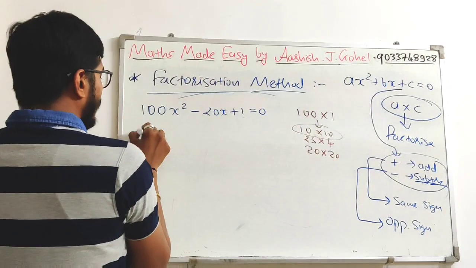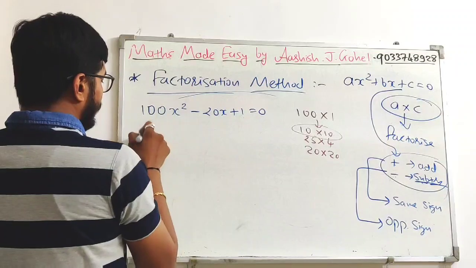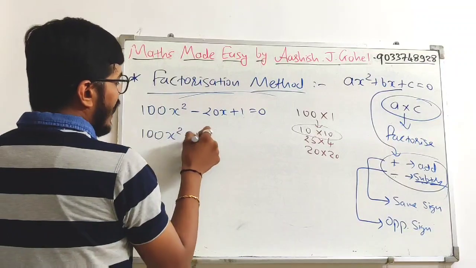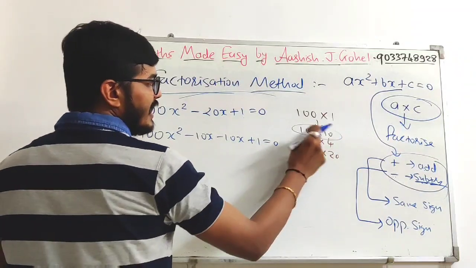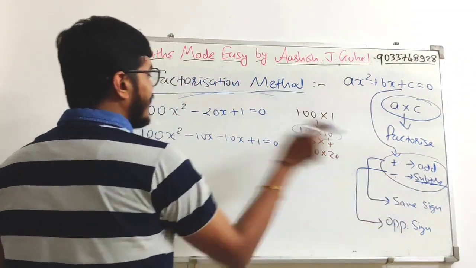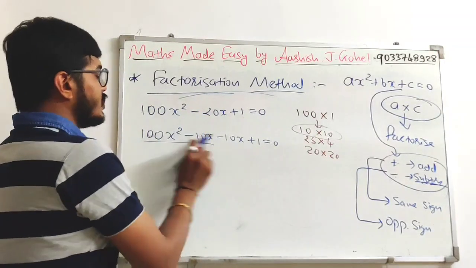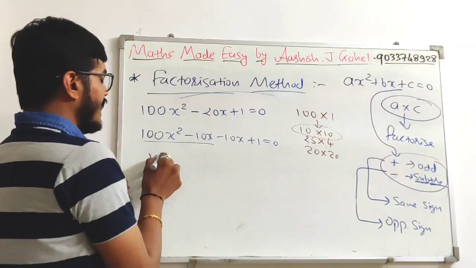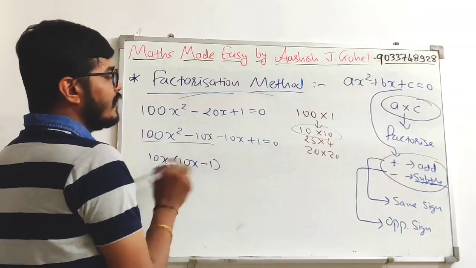Now let us solve this. 100x square minus 10x minus 10x plus 1 is equal to 0, because we are taking these factors and giving the same sign as the middle term. Now what can we take common from these two terms? 10x. The remaining term here will be 10x, and here 1 will remain.